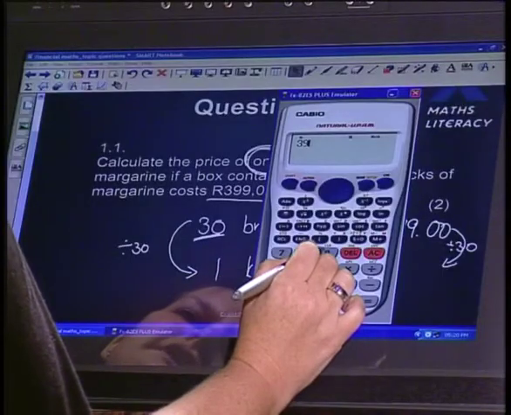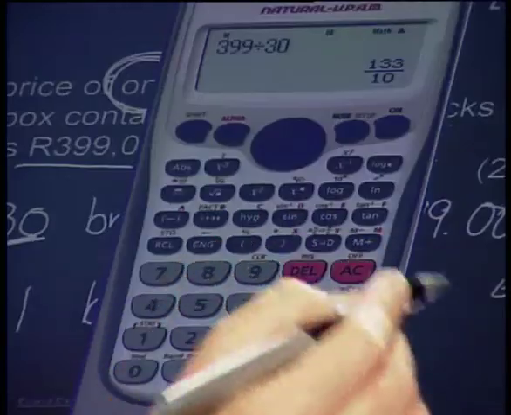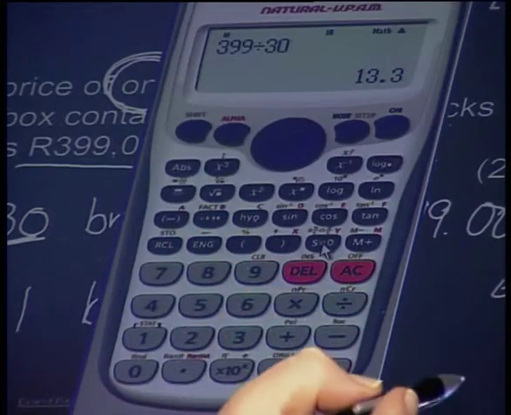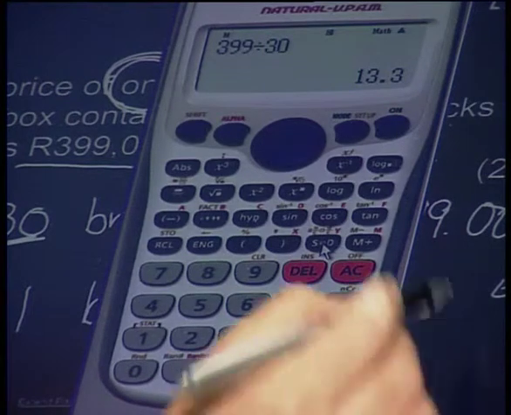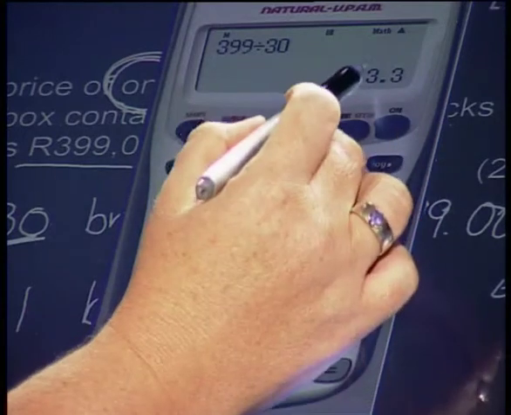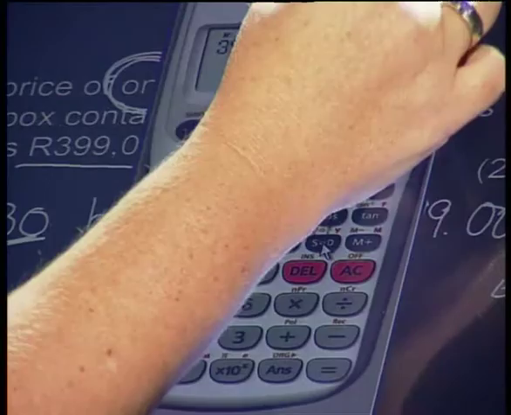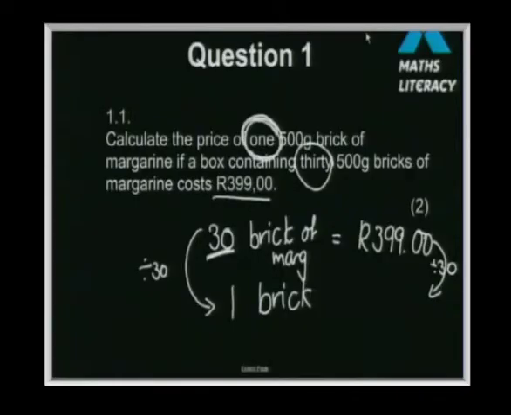If you need to use a calculator, we can do that. So it's 399 divided by 30 equals 13.3. Now remember, when it's 13.3, it means that it's actually 13 Rand and 30 cents. So we need to remember to have 2 decimal places.